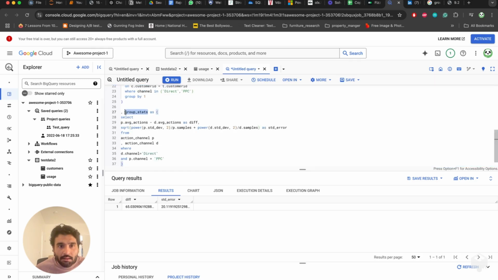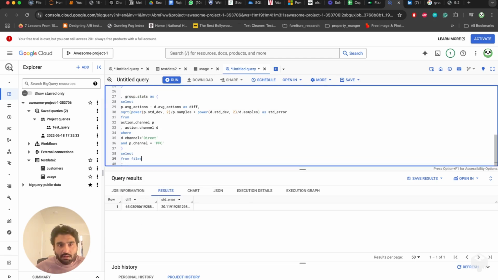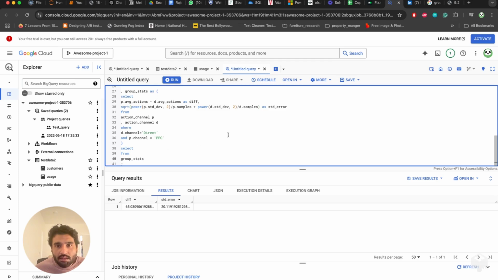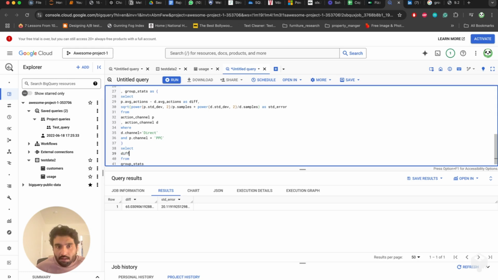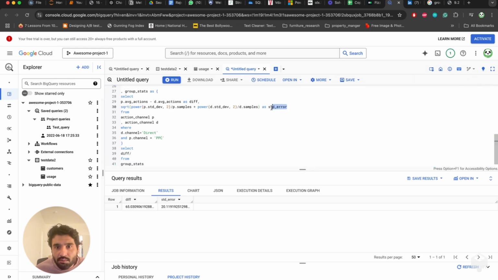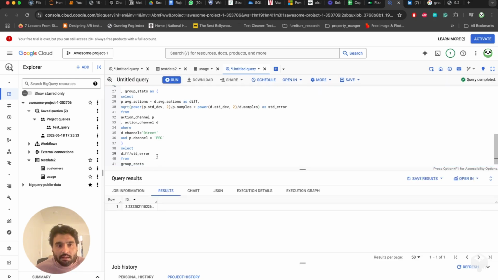And then we can now calculate the t statistic from this. The t statistic is the difference divided by the standard error, right? So that's the t statistic.